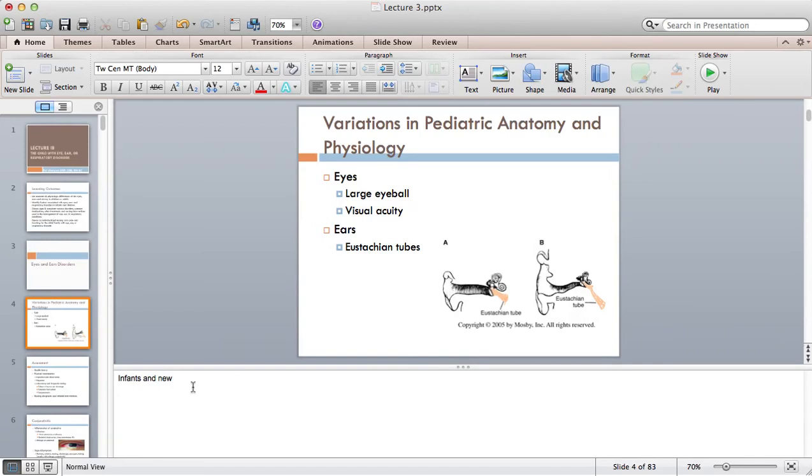In terms of visual acuity, their visual acuity will develop progressively as they grow. In the newborns, they are able to see approximately 8 to 10 inches distance.